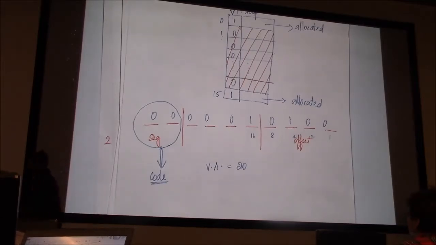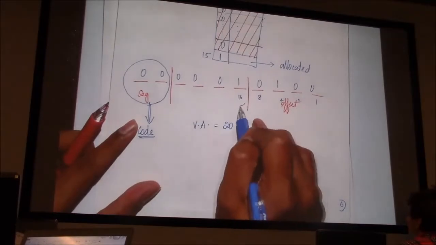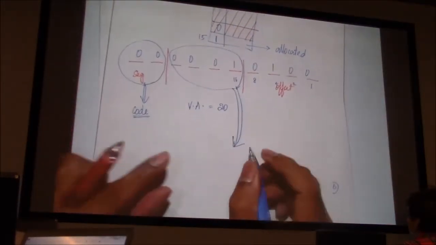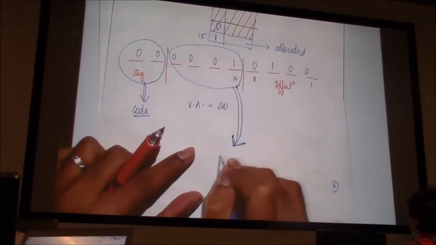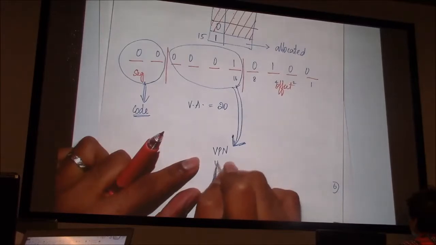By relative virtual page number, what I mean is this particular thing that we have here will tell you the VPN within the code segment.